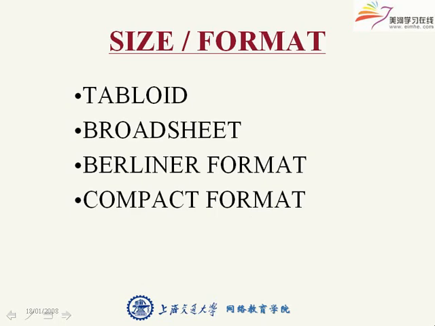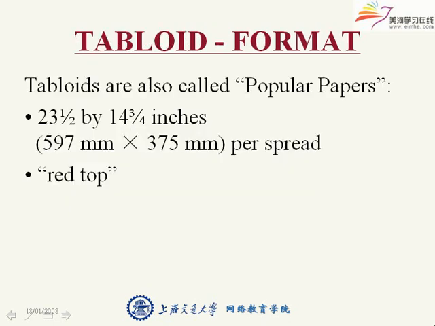Actually, tabloids are half the size of broadsheets, and they often are perceived as sensationalist in contrast to broadsheets. So an example would be the Sun, as we have already seen, the National Enquirer, National Ledger, Star Magazine. For America, it would be New York Post or the Globe.